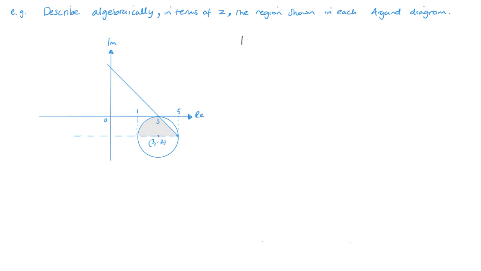So the circle is z − 3 − 2i, and it has a radius of 2. Okay, so that is therefore |z − 3 + 2i| less than or equal to 2. So that gives me that one.